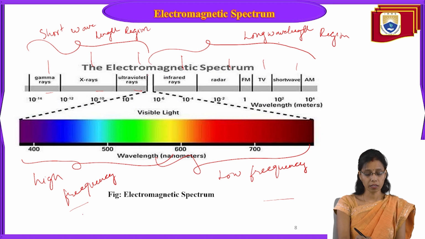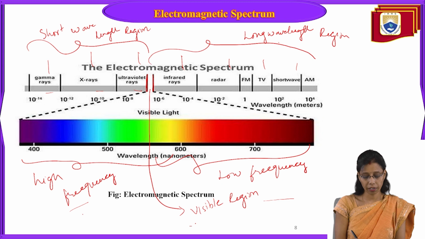Now in between, from here to here, there is a small portion called the visible region. This portion is long wavelength, this portion is short, and in the center there is a gap over here. This region is called visible.